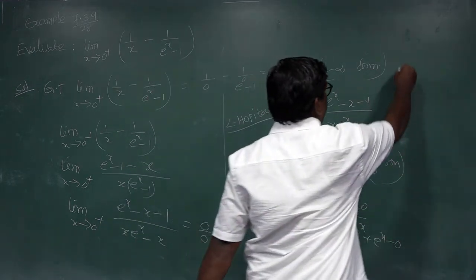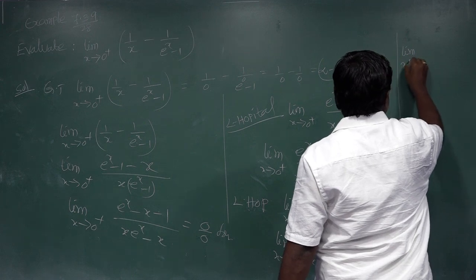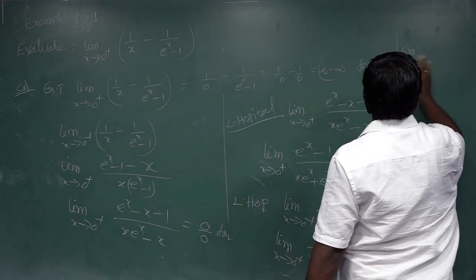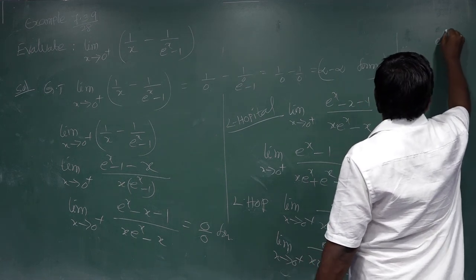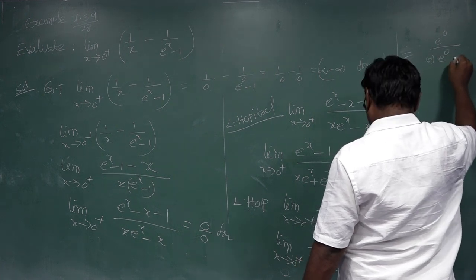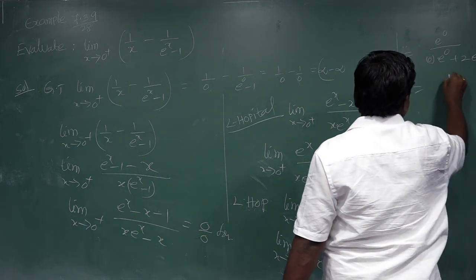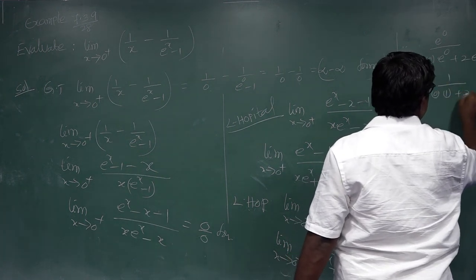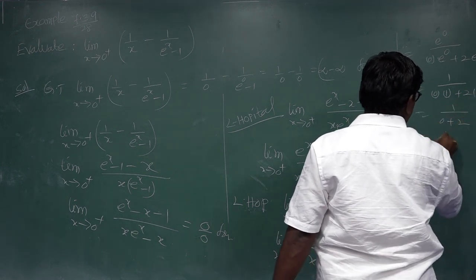Applying the limit x tends to 0 plus: e power of 0 by 0 into e power of 0 plus 2 into e power of 0. E power of 0 value is 1, so 1 by 0 into 1 plus 2 into 1, equal to 1 by 0 plus 2, equal to 1 by 2.